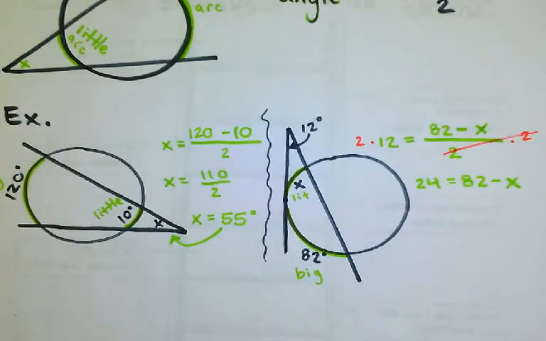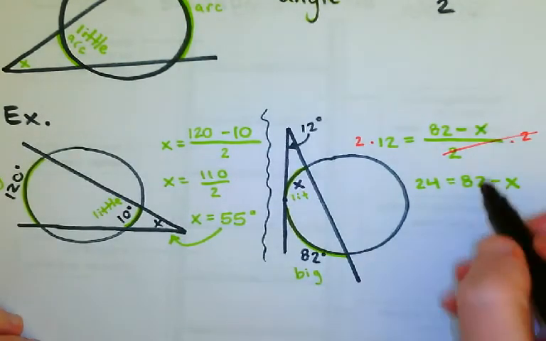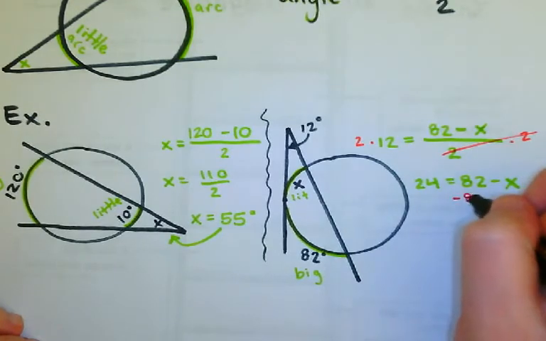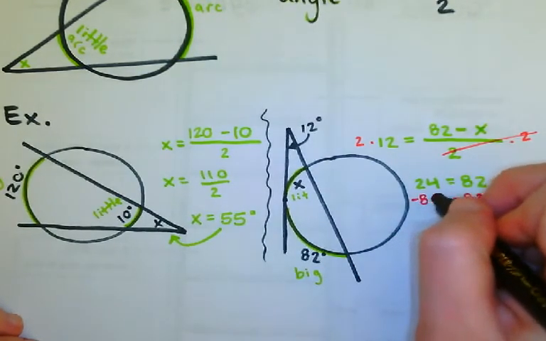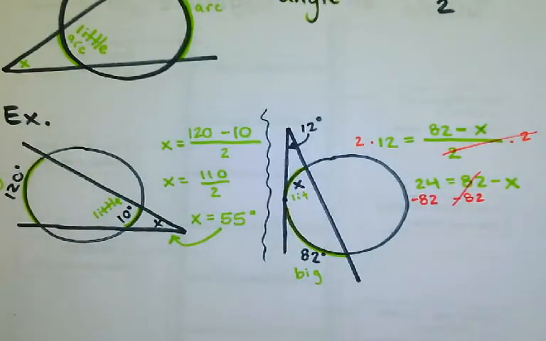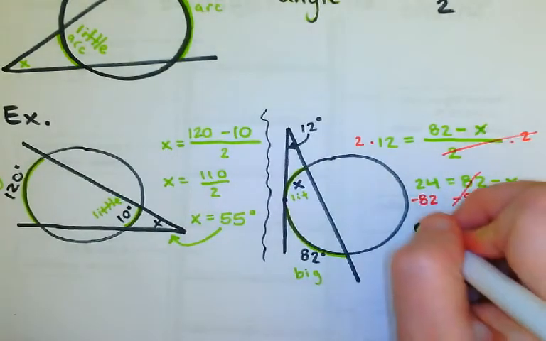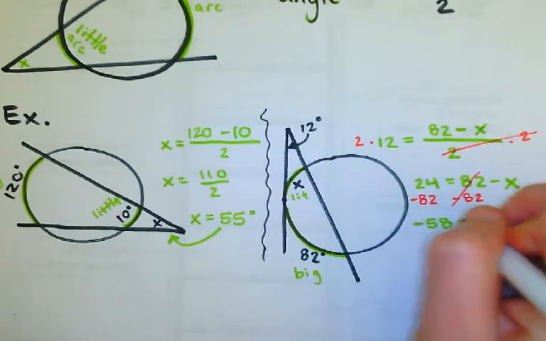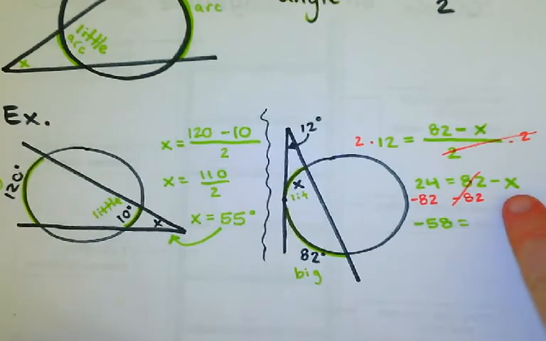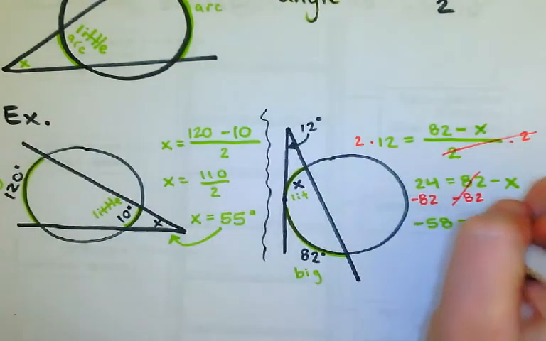What would you guys want to move next? Okay, I think what a lot of people would commonly do is move the 82. And to move this 82, we have to subtract 82. And that means we are going to get a negative number. But it's okay, alright? Your answer is never going to be negative, but it's okay that we have a negative number right now, because 24 minus 82 is a negative 58, and this negative 58 is equal to a negative x.